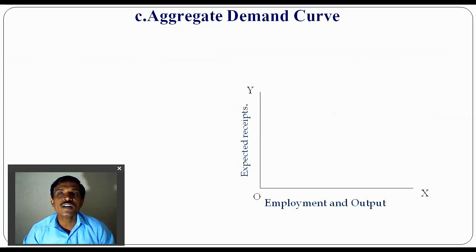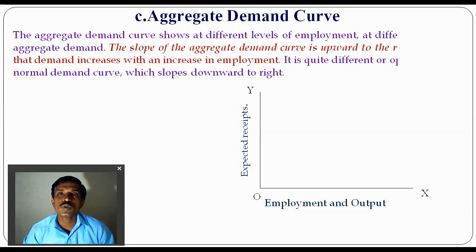Keynes also gave the aggregate demand curve. The aggregate demand curve shows the different levels of employment and the different levels of aggregate demand.